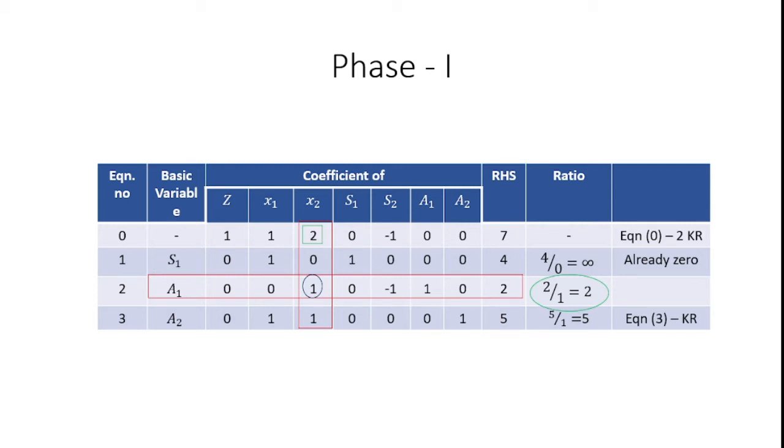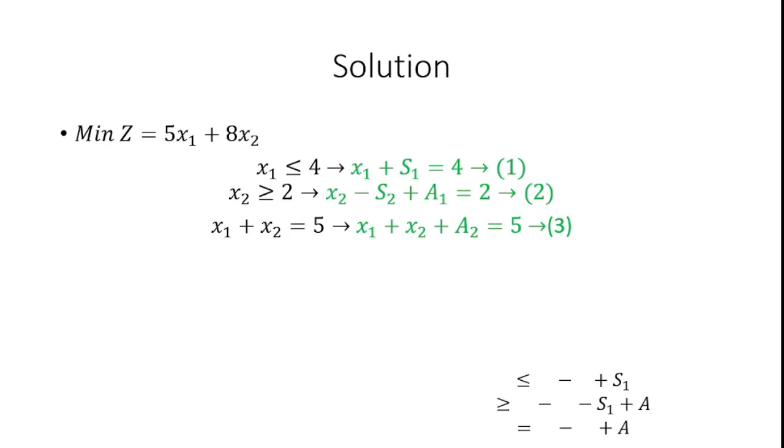Here, what is the basic variable in equation 1? S1. The basic variable S1 is available with constraint equation 1, and X1 is also available. So the X1 coefficient is 1 and the right hand side is 4. The other variables are 0.